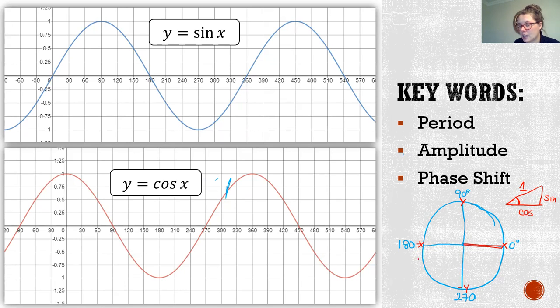So if I take a value, and maybe x and y might not have been the best things to use here, but if I have this particular triangle and I want to know what the height is when the angle is 0, well, there's no height, which means the sine must be equal to 0.